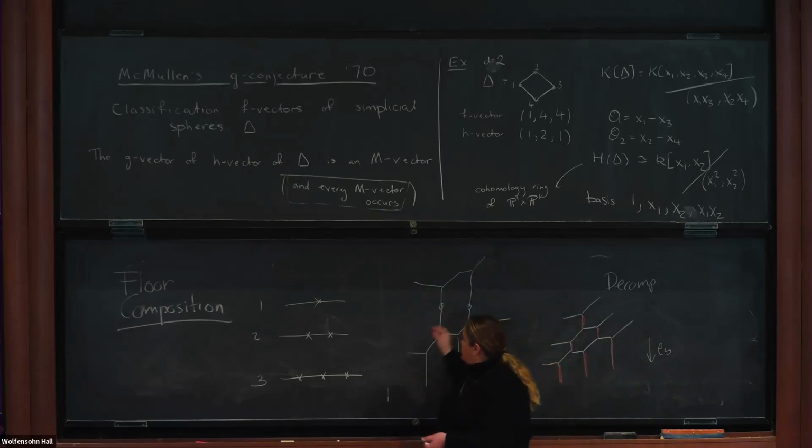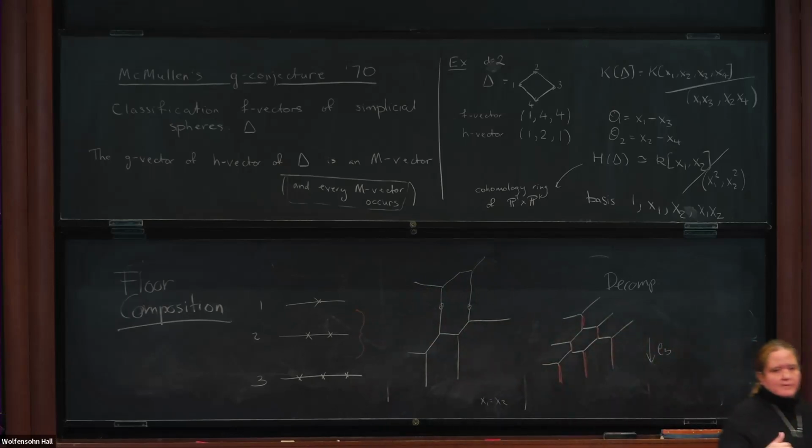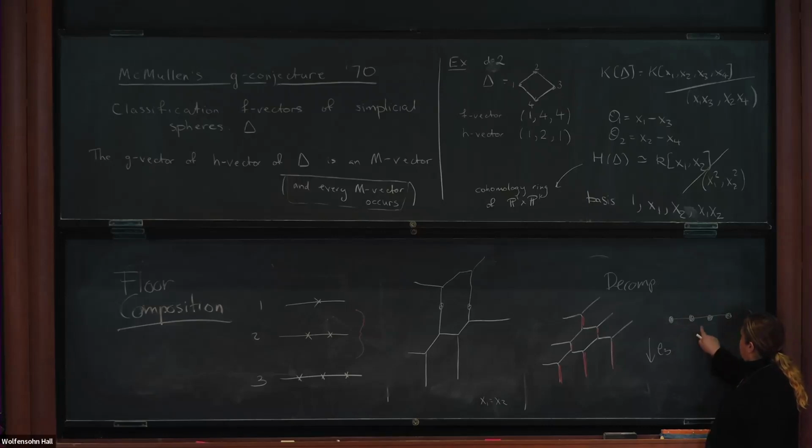And then the genus will be the sum of the corresponding Betti numbers of the intermediary degrees. And it's exactly what happens in the case of the simplicial numbers. We have a degree 3 Newton polytope of a 0-dimensional variety.